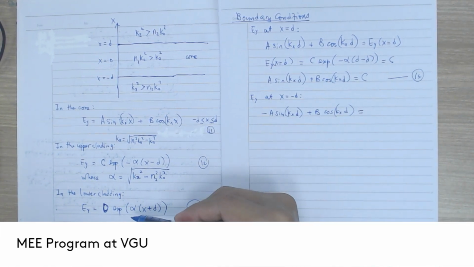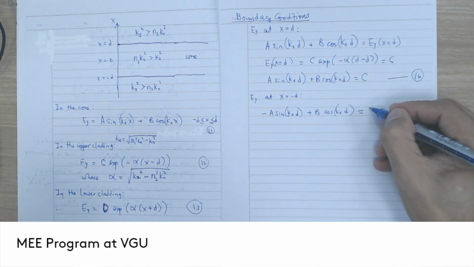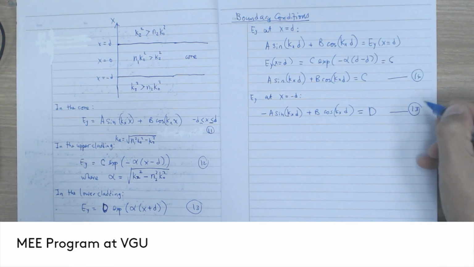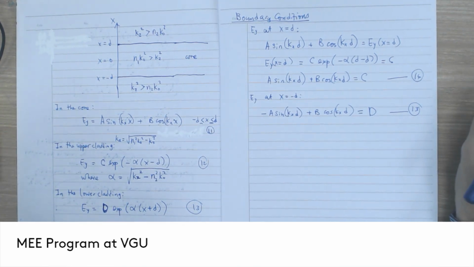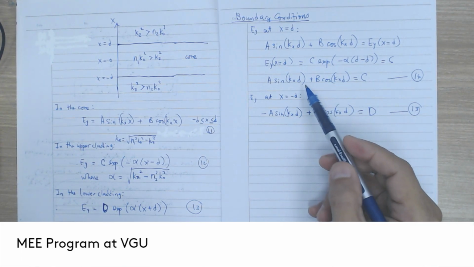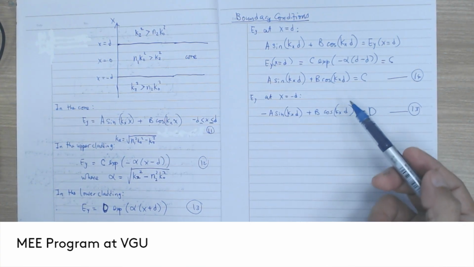I go straight to equation 13 and substitute d here, so obviously we'll get d. So this is what we get. Even with the boundary condition for the electric field, there's not much we can do.